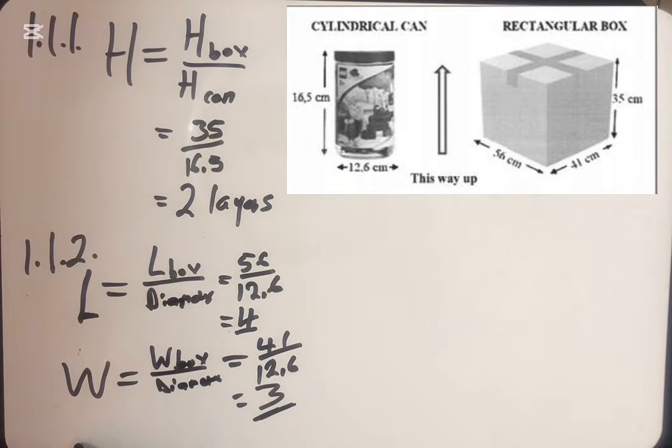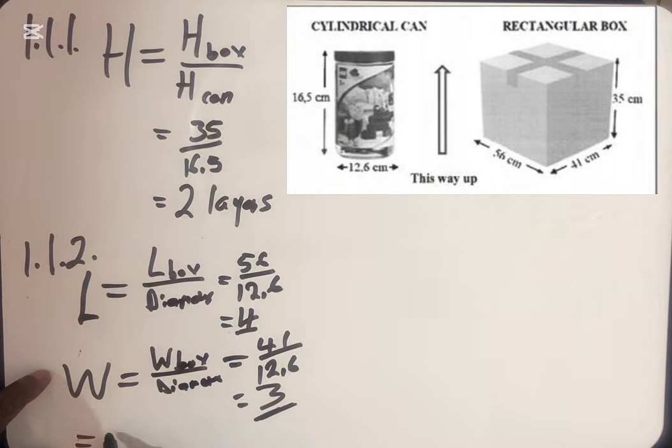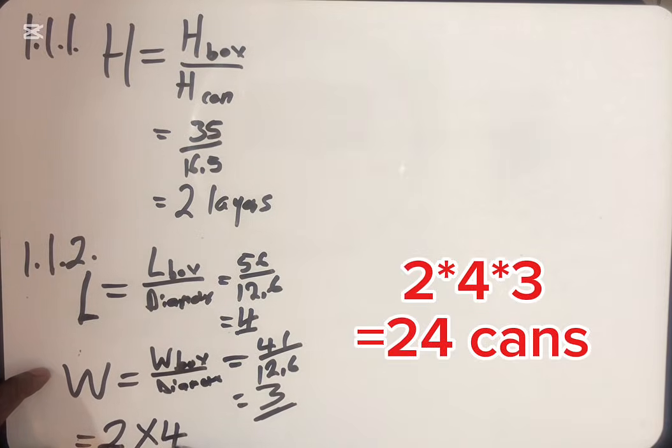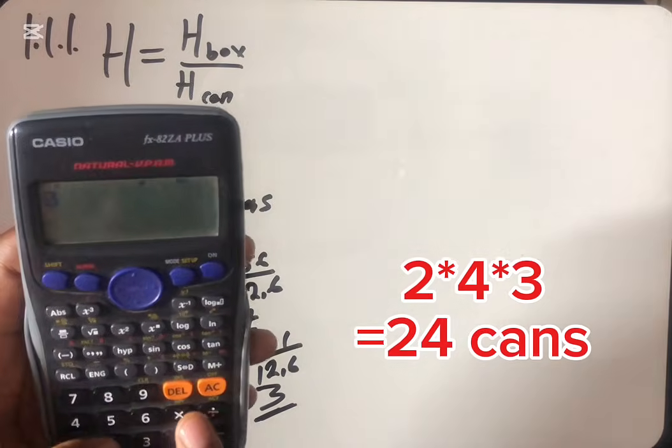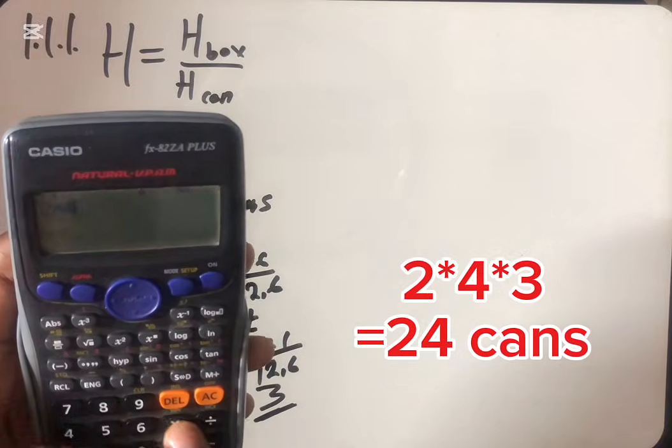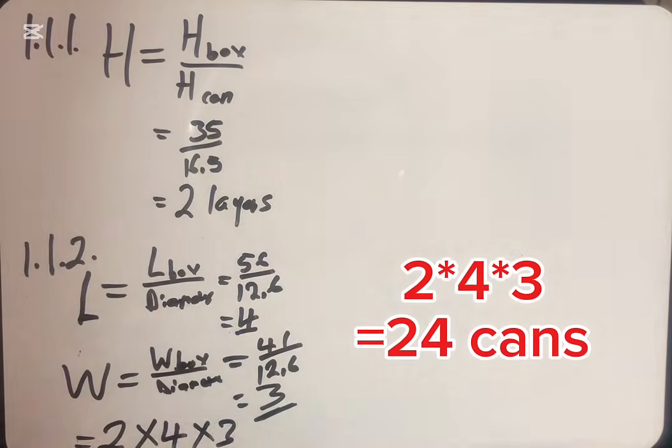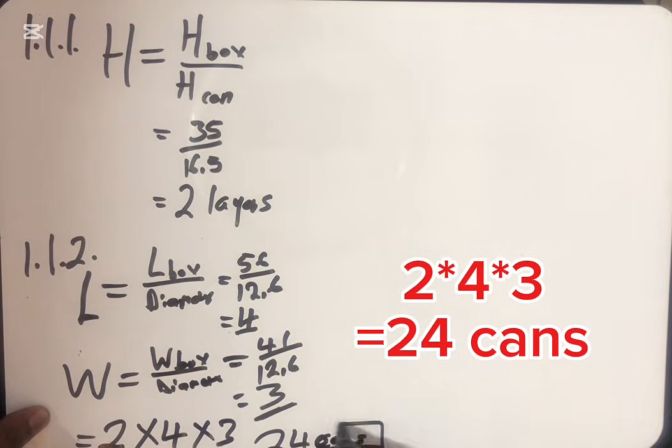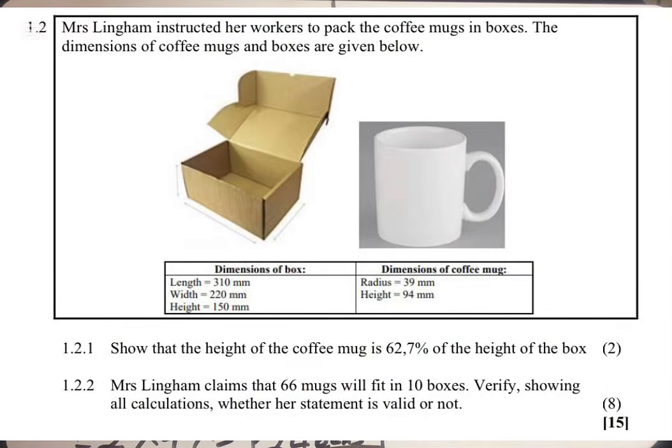Then the total number is going to be 2 in respect of height, multiplied by 4 in respect of length, multiplied by 3 in respect of width. So our final answer is 2 multiplied by 4 multiplied by 3. We have 24 cans.